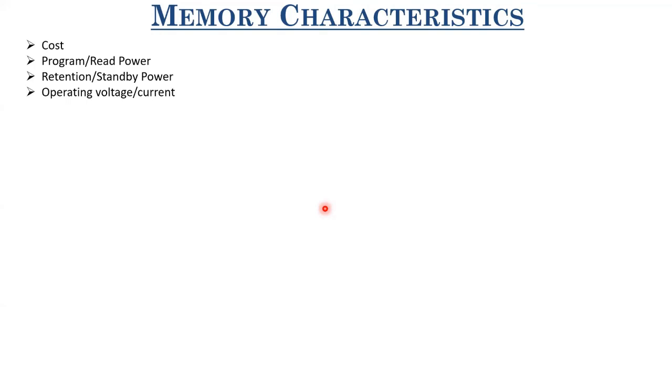But the VDD that you provide, let's say we are working with a 28 nanometer or 14 nanometer technology node, is 0.9 or 0.7 volts or something like that. Now, if you integrate flash memory on that chip and want to give it 16 volts for programming, how will you do that? That is where operating voltage or current comes into the picture. You can either use a charge pump circuit, or you have to add another supply which is 16 volts or something.